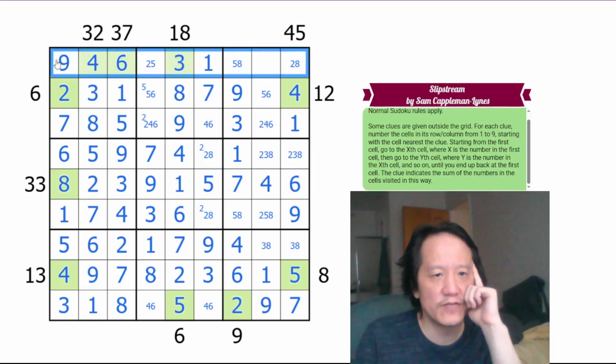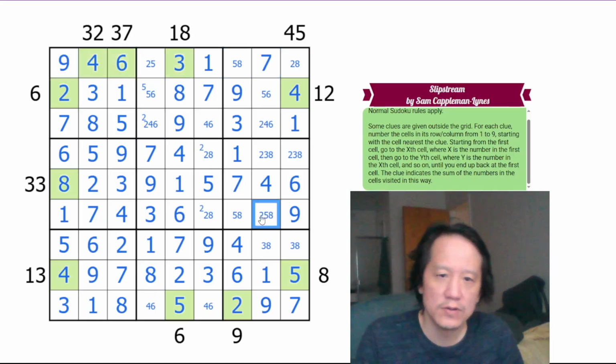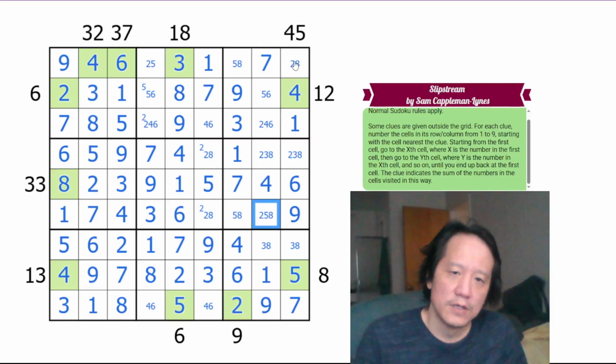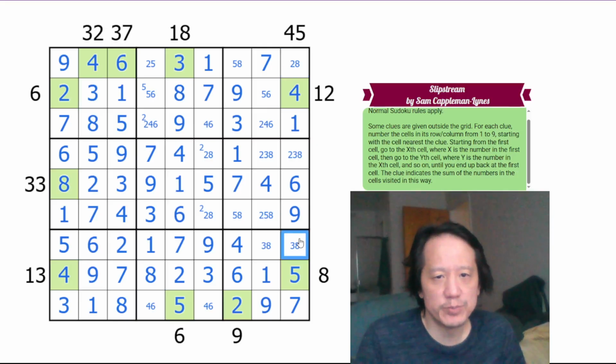We have a 2, 5, 8 triplet in row 1, which eliminates 2, 5, 8 in the rest of the row, so this must be a 7 here. If this were 8, that would force this to be 3.